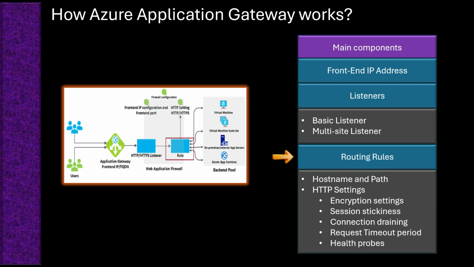And health probes. Health probes play a crucial role in determining which servers in a backend pool are available for load balancing. To check server health, the application gateway sends a request to each server using a health probe. If a server responds with an HTTP status code between 200 and 399, it is marked as healthy and ready to handle client request.